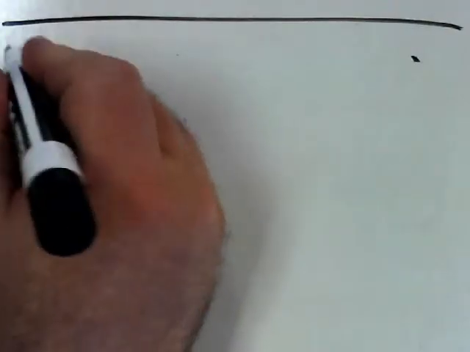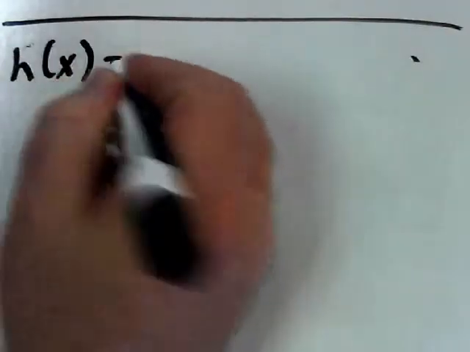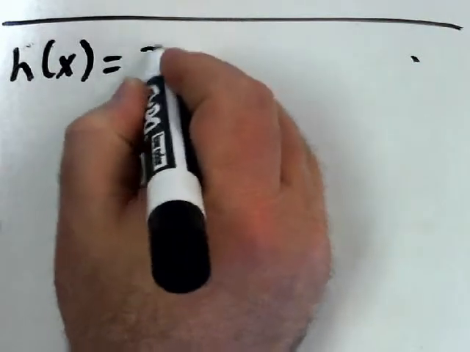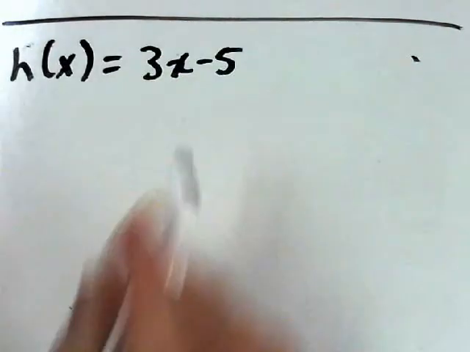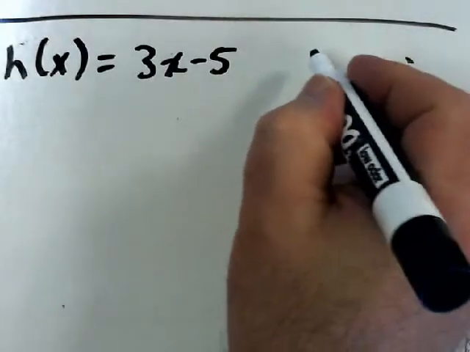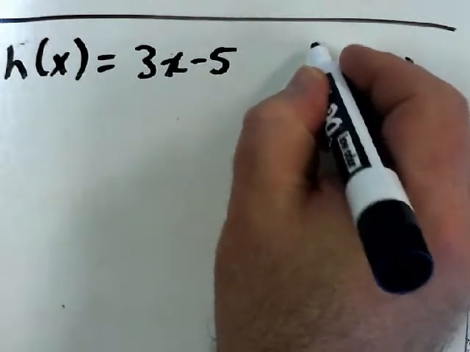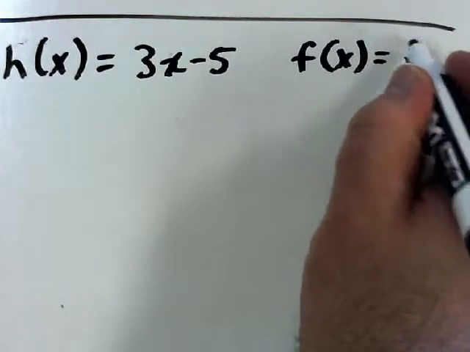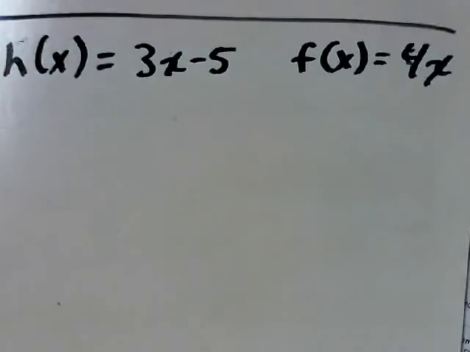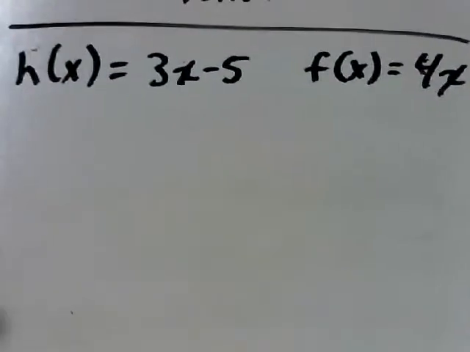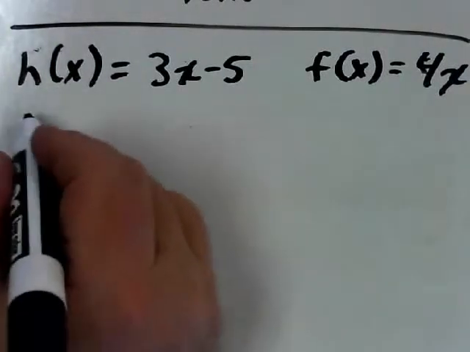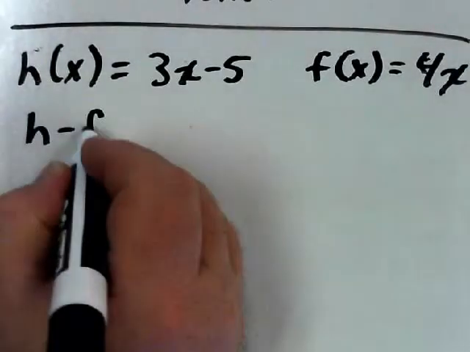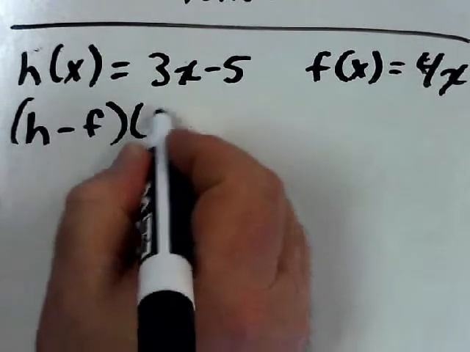So if I had the function h of x equals 3x minus 5 and f of x equals 4x. Can I do an h minus f of x?